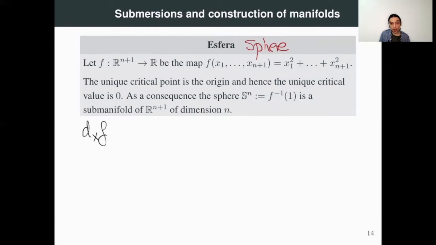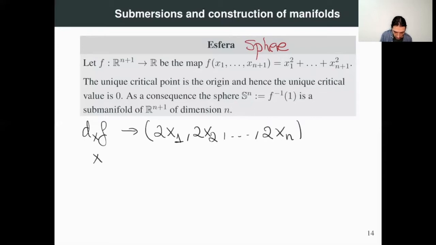Since we are already working with Euclidean spaces, we can consider the Jacobian matrix. The Jacobian matrix is going to be a 1 times n plus 1 matrix whose entries are the partial derivatives of f. So we are going to have here 2 times x1, 2 times x2, and the last one is 2 times x(n+1), where x is x1, x2, and so on.